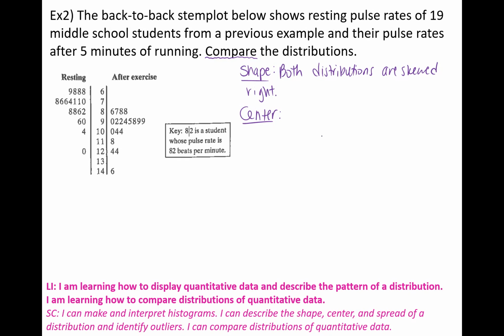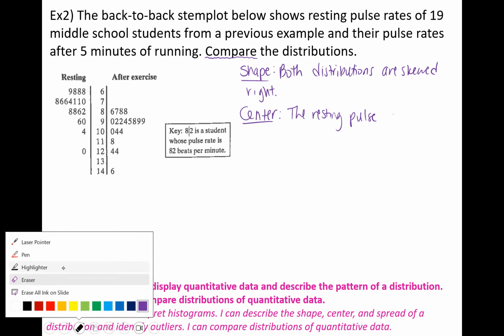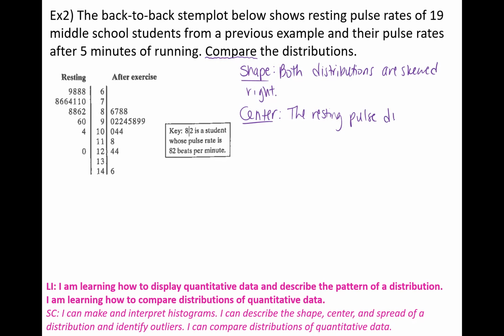I'm going to say, looking at the one on the left first, the resting pulse distribution. Can't spell distribution all of a sudden. The resting pulse distribution is centered around 7.